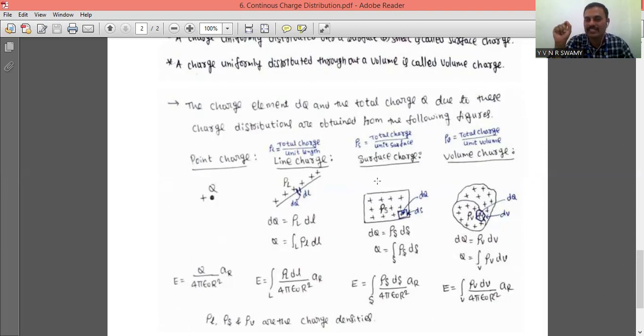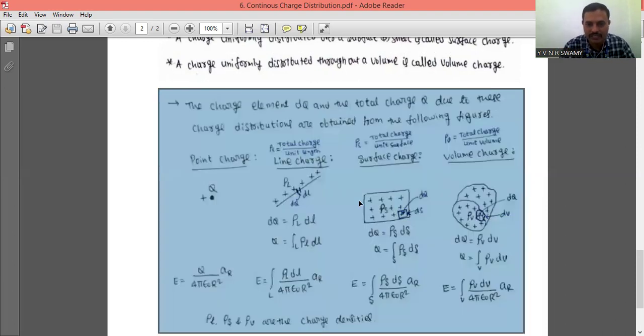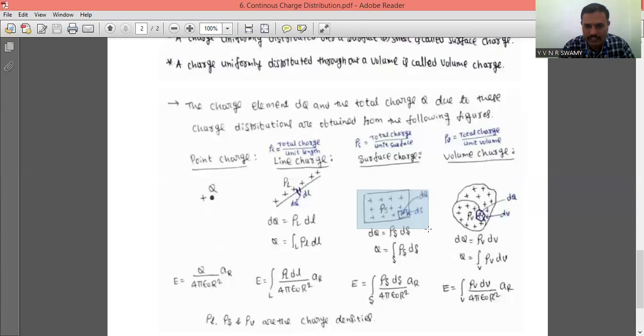So now you can see in this figure, the plus symbols are representing the charge, uniformly distributed over a sheet.